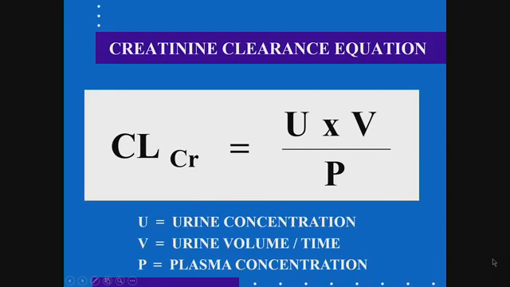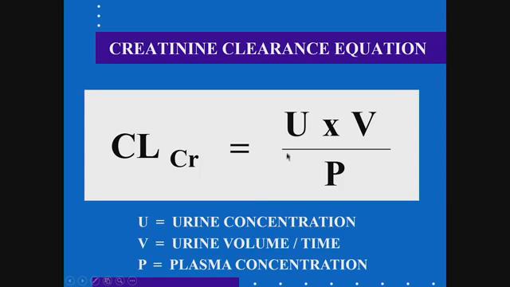Now, this is the traditional creatinine clearance equation that you learn in your physiology courses that describes the clearance of creatinine. This is an endogenous product that can be measured in plasma, and the clearance of creatinine is being used as an index of renal function.